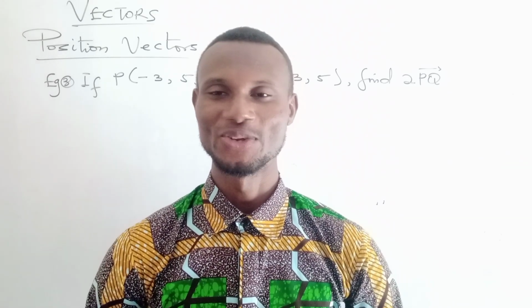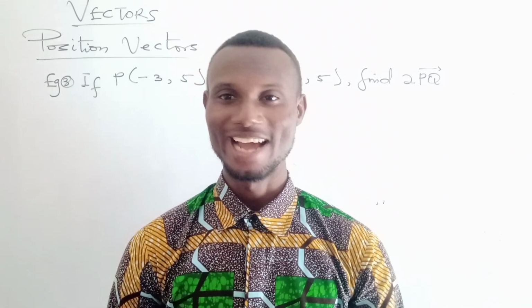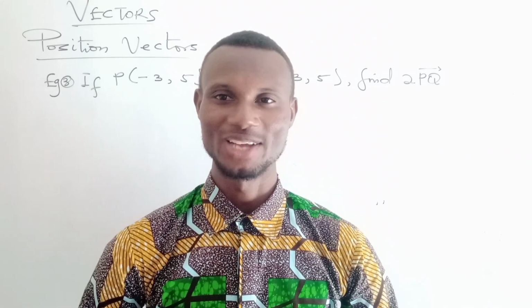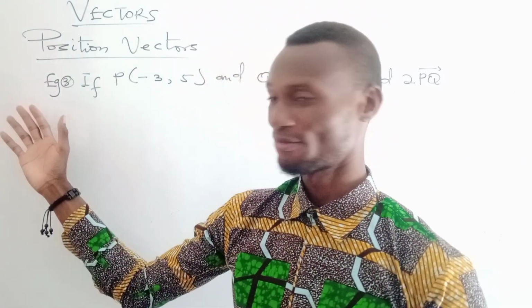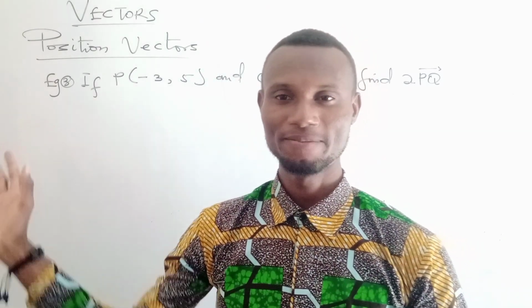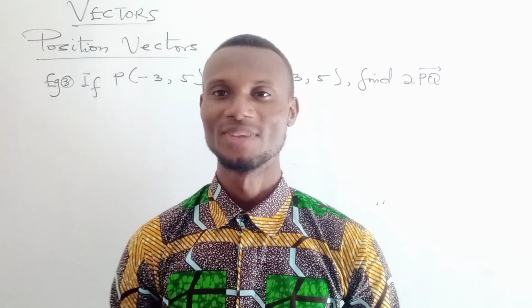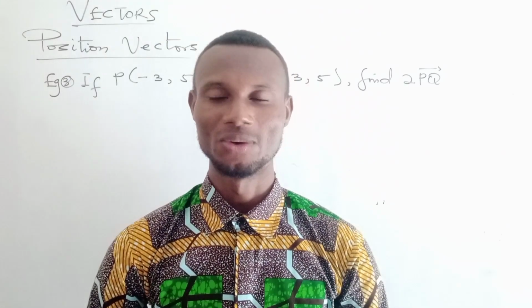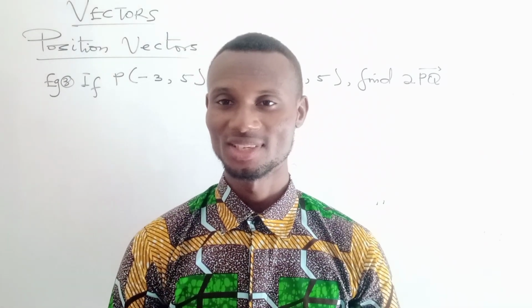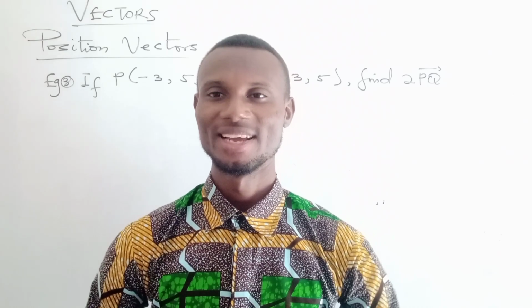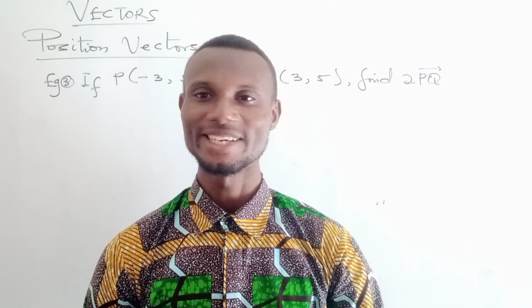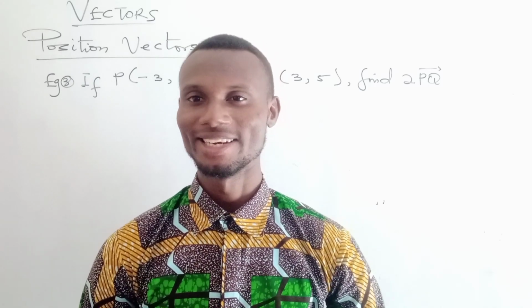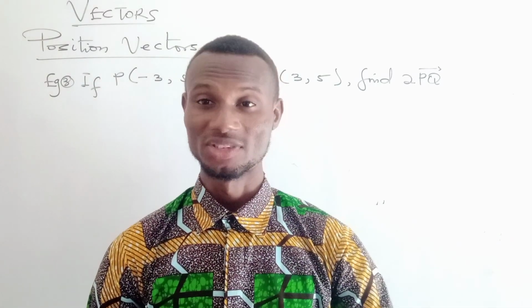So this is a continuation to solve another example with you, so that you get a perfect understanding of it. As you can see from the board, I have example 3 on the board, and I will encourage you to watch the previous videos, because the previous videos lay the foundation, the basic knowledge and understanding that you need about position vectors.